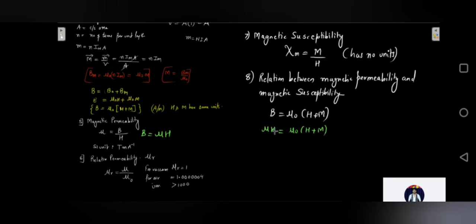If I take this H to the other side, mu will be equal to mu naught, I'll keep as it is, and I'll divide H into both the terms, so I'll get 1 plus M upon H.